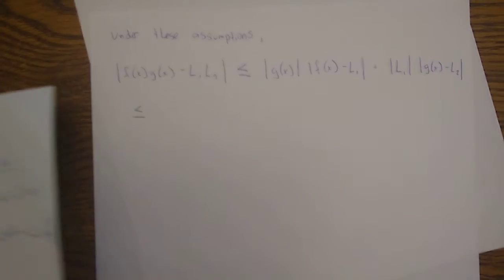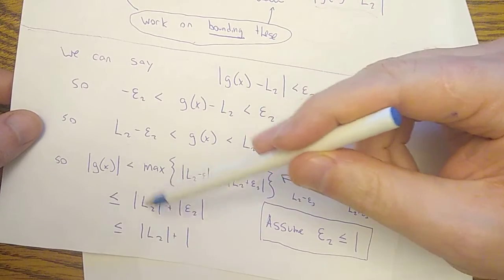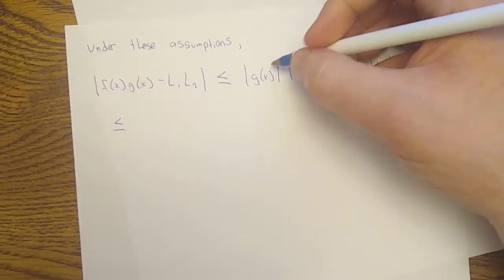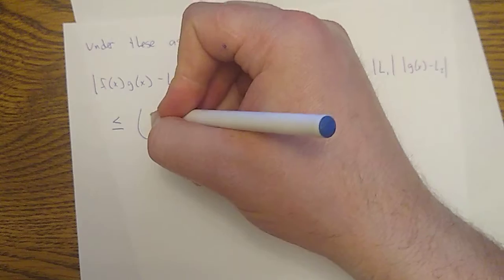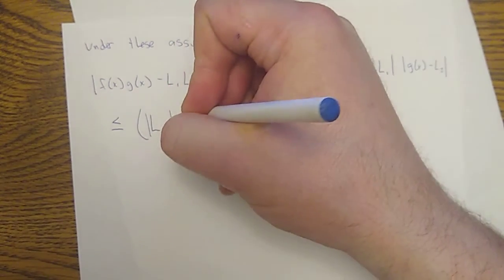This is less than or equal to... okay, what did we just figure out? I figured out that the absolute value of g of x is less than or equal to this. So I'll put that here. That was the absolute value of L2 plus 1.